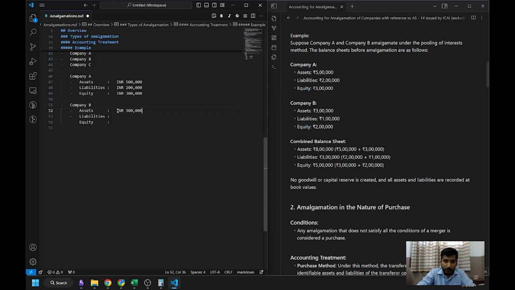Company B has assets of rupees 3 lakhs, liabilities of rupees 1 lakh, and equity of rupees 3 lakhs.